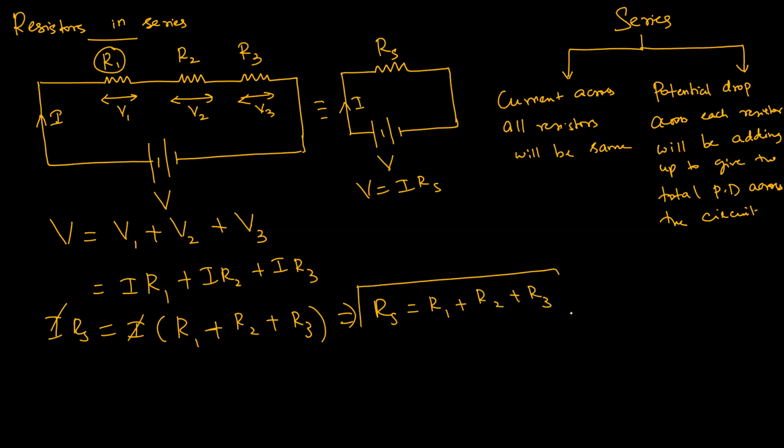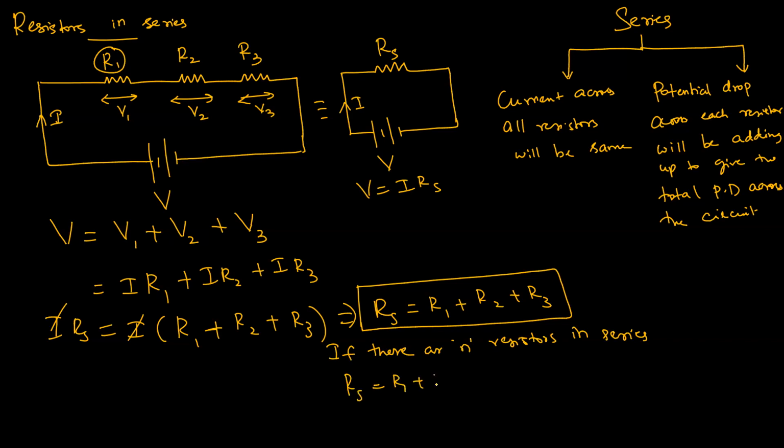So in the case of series connection, to find the equivalent resistance, you need to add the individual values. If there are n resistors in series, then RS will be equal to R1 plus R2 and so on till Rn.